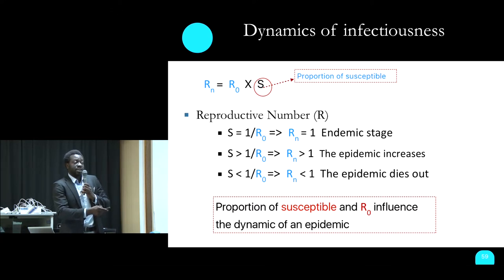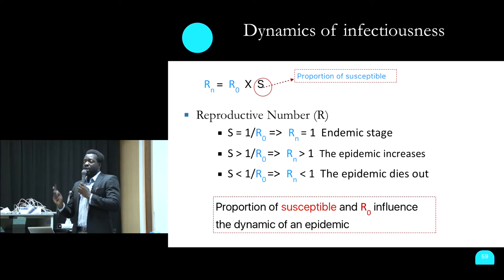If the proportion of susceptible equals 1 over R naught, the reproductive number will equal 1. And when it's 1, we have an endemic stage. If the proportion of susceptible becomes more than 1 over R naught, we have an epidemic. If the proportion of susceptible is lower than 1 over R naught, the epidemic will die out.